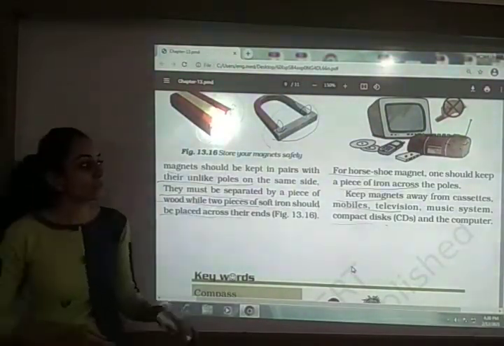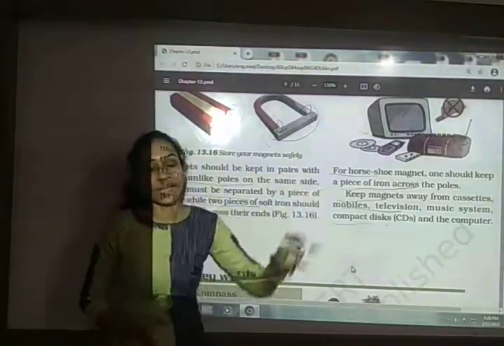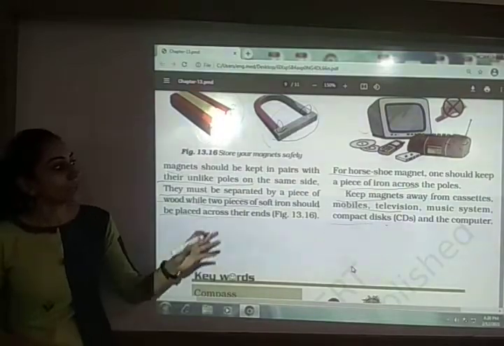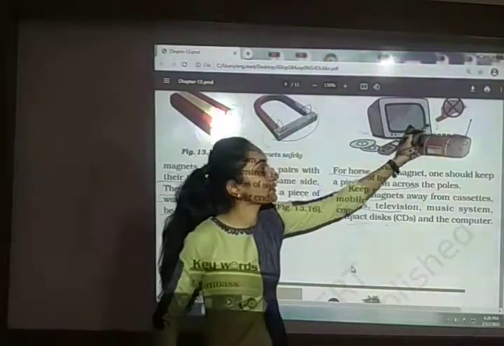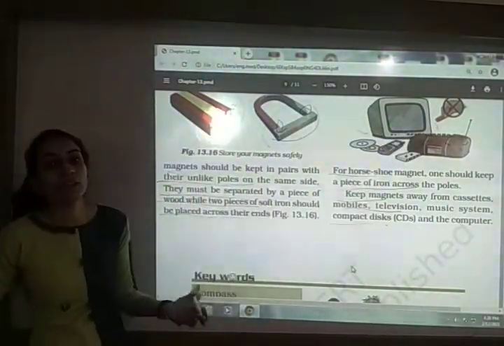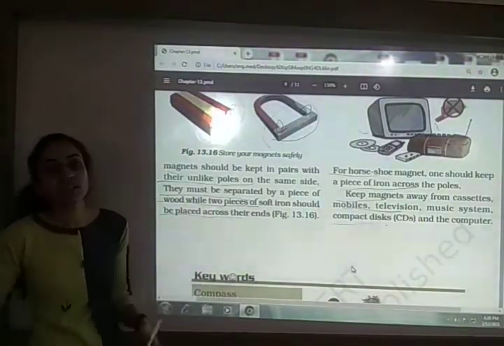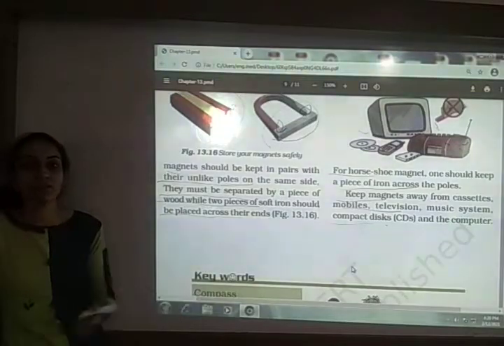Why? Because these devices also contain some magnetic material as well as some magnets. So if we bring the magnet near these devices, they may get spoiled or damaged. That's why we should not bring the magnet near this kind of device.